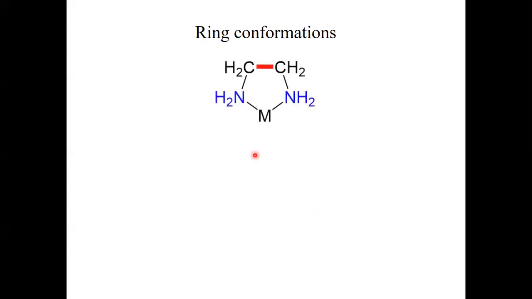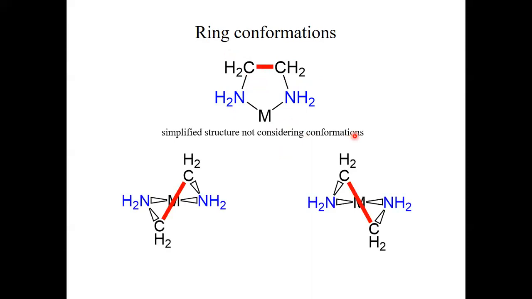And that is because when you have, for instance, such a ring with an ethylenediamine unit, that ring is not a planar ring because of the sp3 hybridization of the atoms. Okay. So that structure here doesn't consider the possible conformations, and there are actually two conformations possible. And again, one is lambda and one is delta. So these are the two conformations, and you see directly that these two conformations are mirror images to each other.